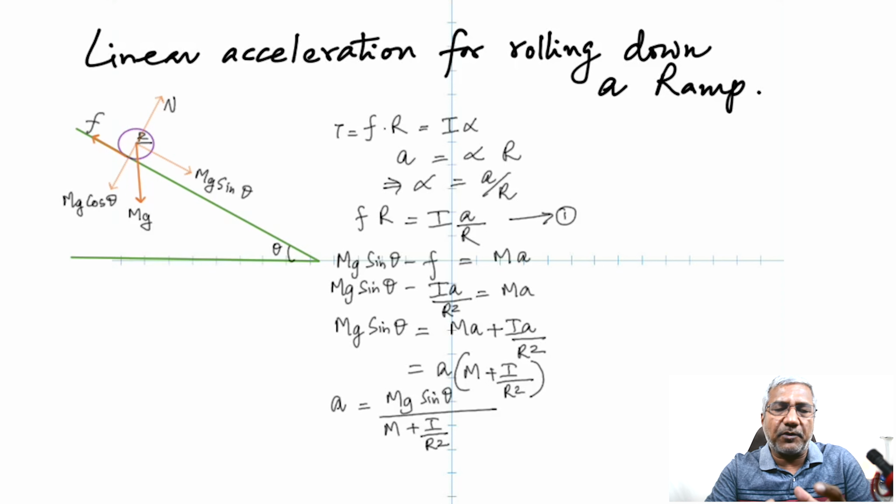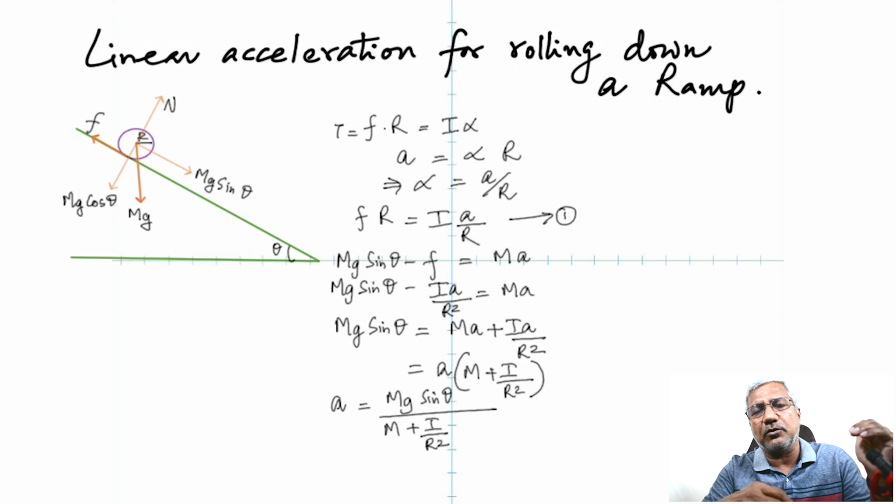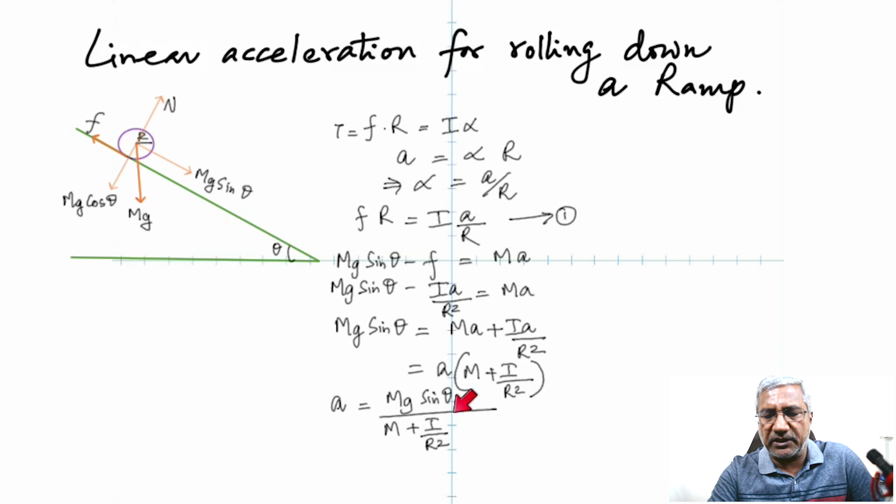Now that's a very important formula to find the acceleration of any object that rolls down a ramp without sliding. Now you notice that we have the rotational inertia factored into this equation. And different objects have different rotational inertias. I mean, the formulas are different.